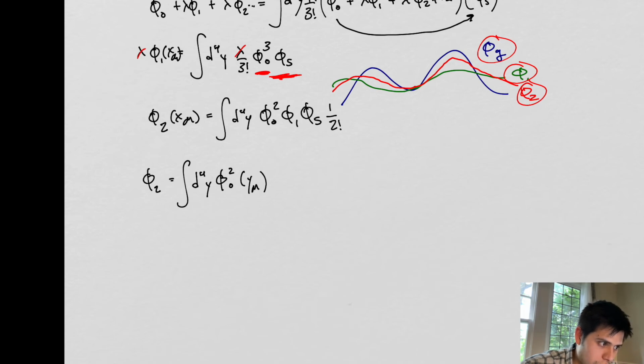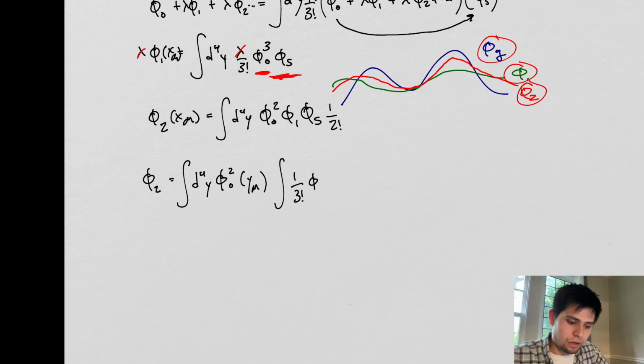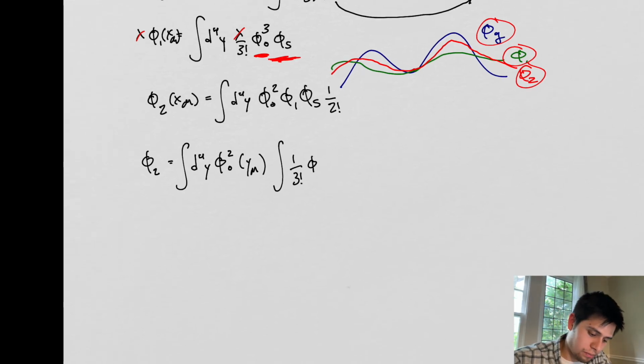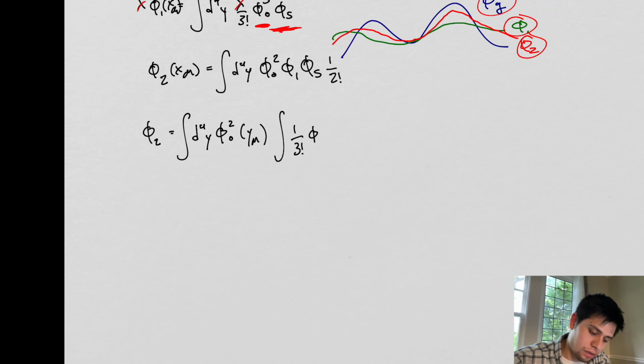and then 1/3, I don't know why this keeps on going to my eraser, 1/3, and this is going to be phi 1, no, phi 0, sorry about that, my iPad glitched for a second.